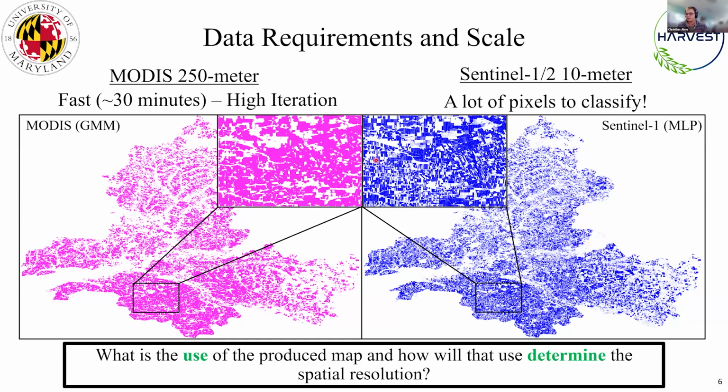Now, it's not saying you can't do it, and I do it sometimes for certain mission needs, but you can fulfill your mission criteria using coarser resolution data, especially in terms of mapping large homogeneous crop types, such as winter wheat for this example.